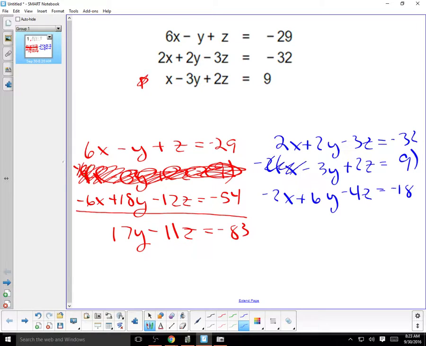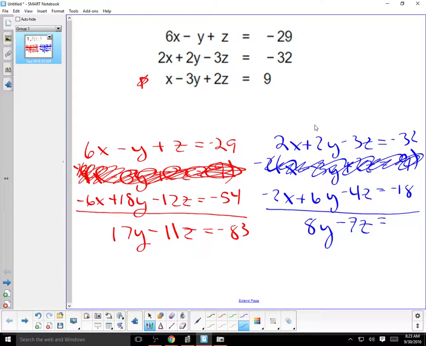Okay, so don't care about that equation anymore. So let's add them up. 2x minus 2x is 0. 2y plus 6y gives me 8y. Negative 3 and negative 4 is a negative 7z. And that's going to equal negative 50. Correct?